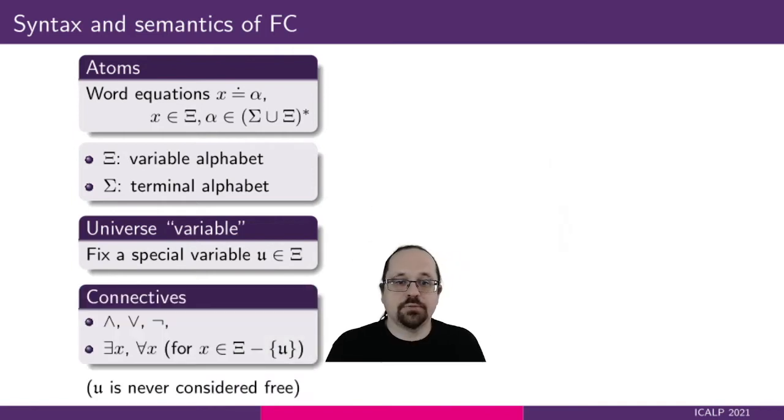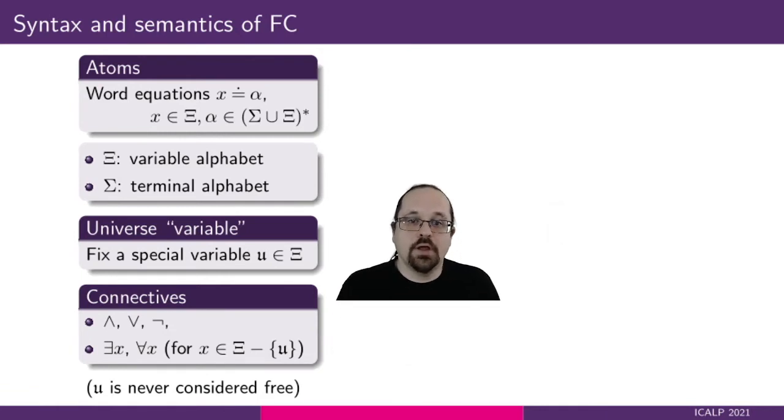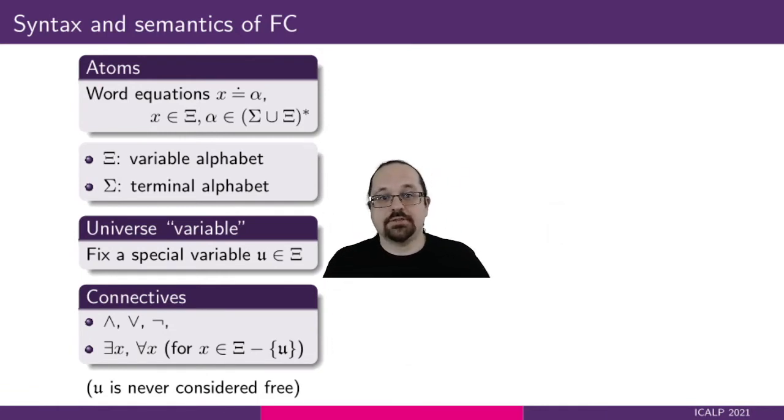And as connectives, well, we use conjunction, disjunction, negation, and quantifiers. We will not quantify the universe variable because the universe is fixed, and we will not treat it as a free variable. For all purposes, we need one because it's fixed, it only has one value. And that's all we need for syntax. So atoms, the word equations, and then stitch them together with first order logic.